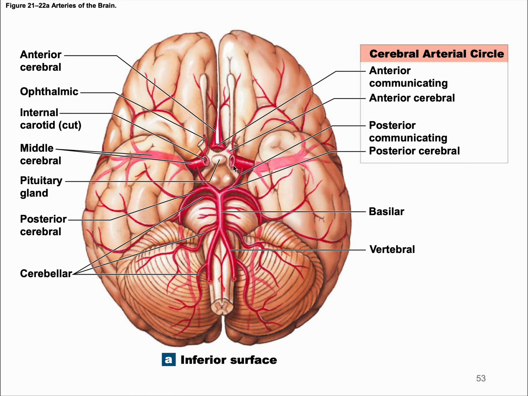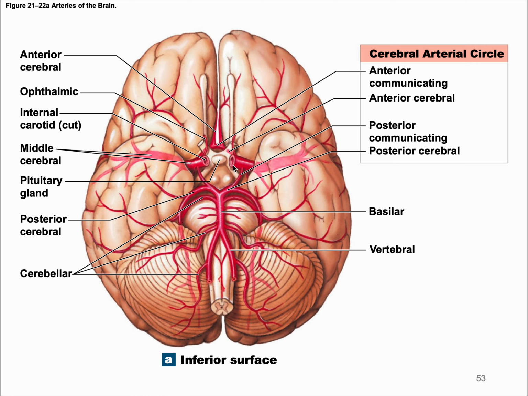Once it does that, it will divide into two branches, which are the posterior cerebral arteries. And those posterior cerebral arteries will surround the posterior aspect of the cerebrum, such as your occipital lobe and the posterior portion of the temporal lobe, right?